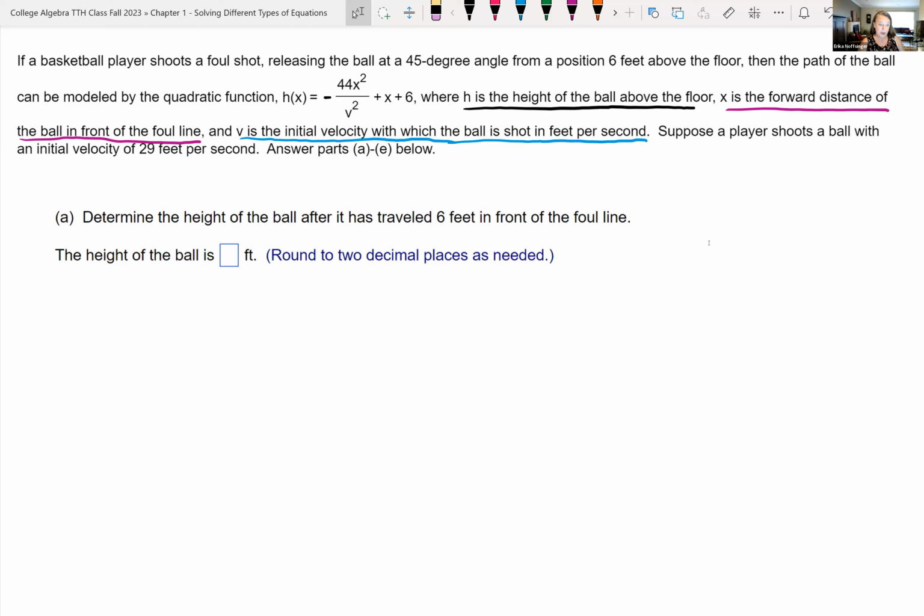Okay, so let's go back and let's nitpick this problem and pull out what we know and what we're given and what variables represent what. We're looking at a basketball player that shoots a foul shot, releasing a ball at a 45-degree angle from a position of 6 feet above the floor.